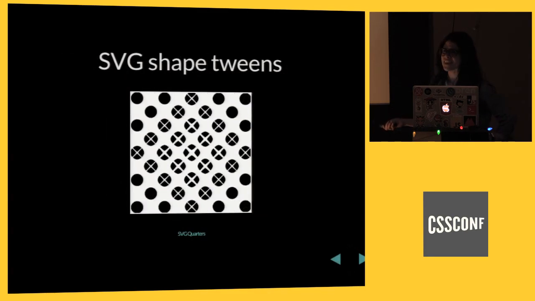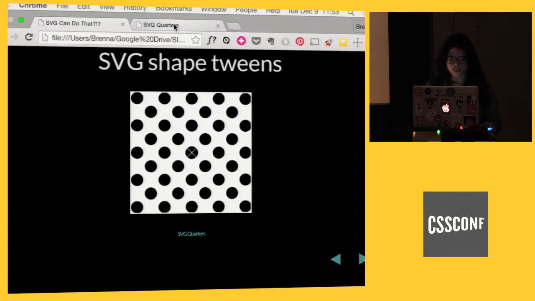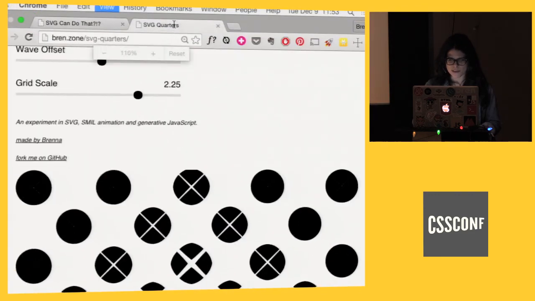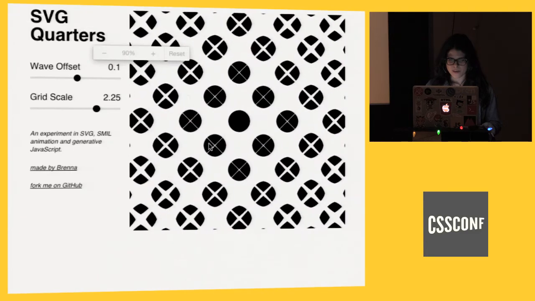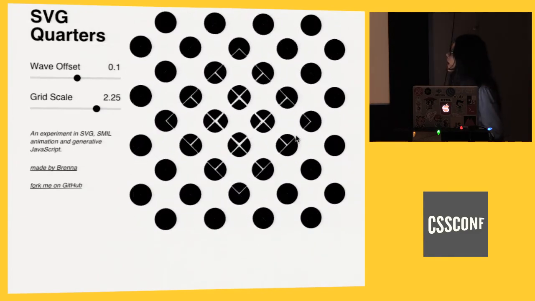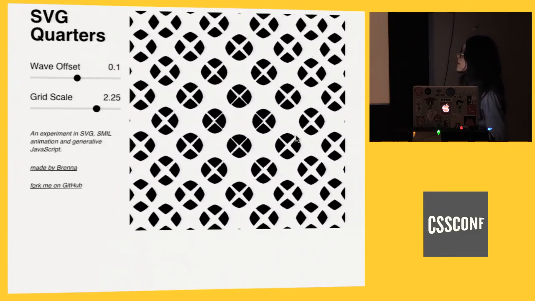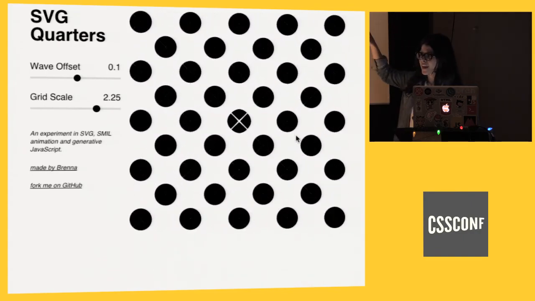So yeah, SVG can pretty easily morph shapes from one to another. I think I have time to show you guys this example that I just went to town with. These are just a bunch of little SVG shapes.